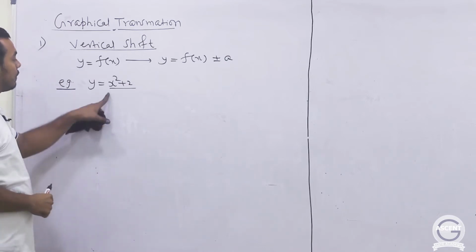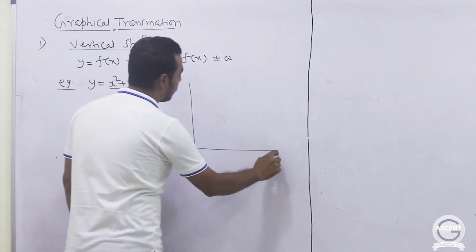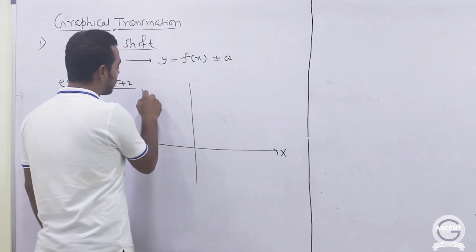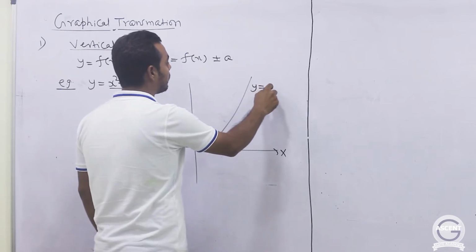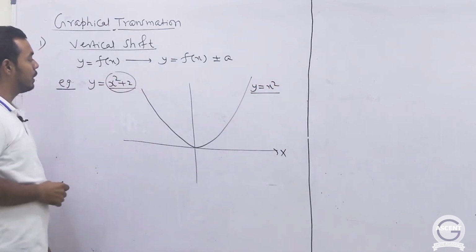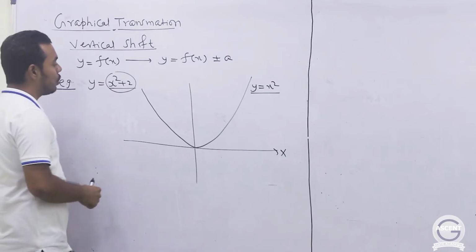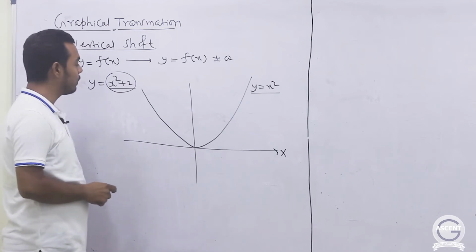We all know the graph of y equals x square, an upward parabola. Now if we have to draw the graph of y equals x square plus 2, then all the points on this curve will shift by 2 units towards the positive y axis.